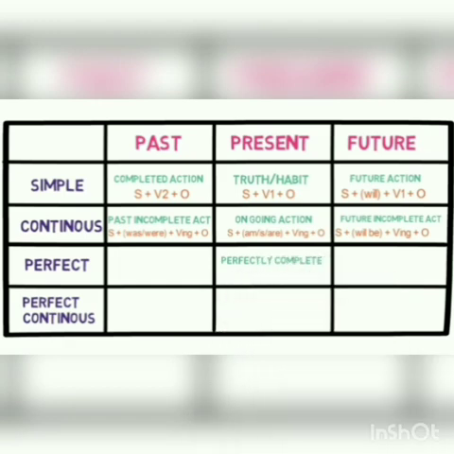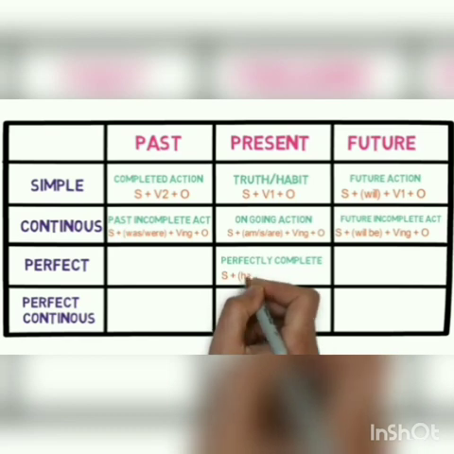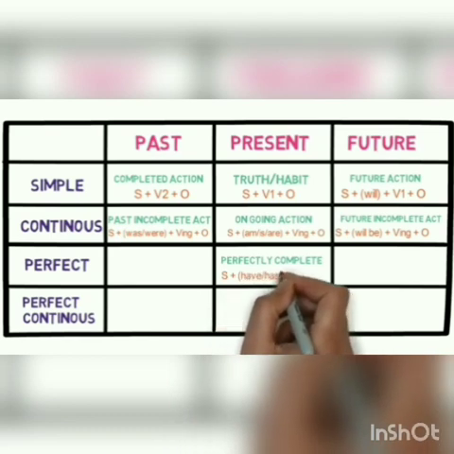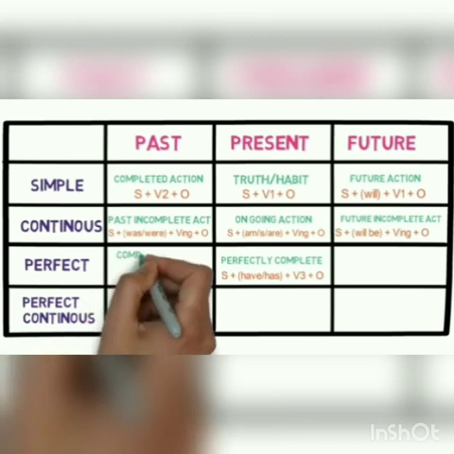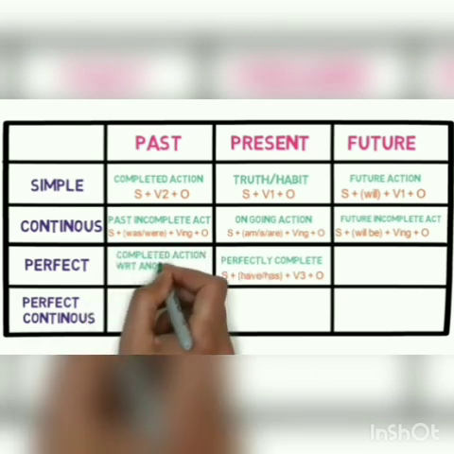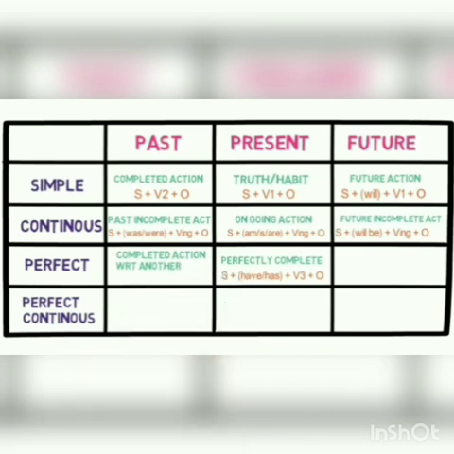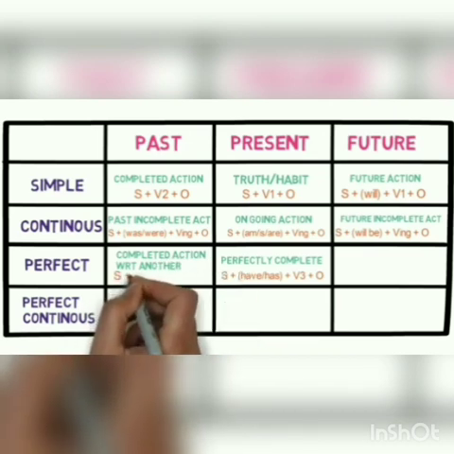Next one, present perfect. It shows a perfectly completed action. Okay, children, and what is the structure? Subject plus have or has plus third form of verb plus object. The next one is past perfect. It shows a completed action with respect to another.